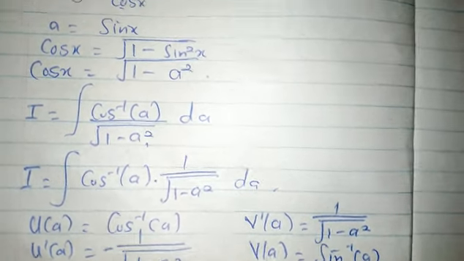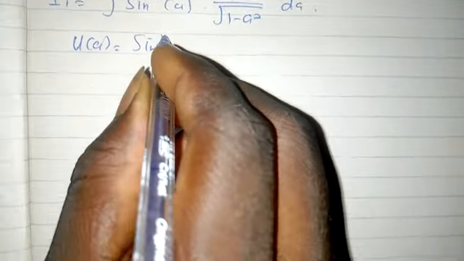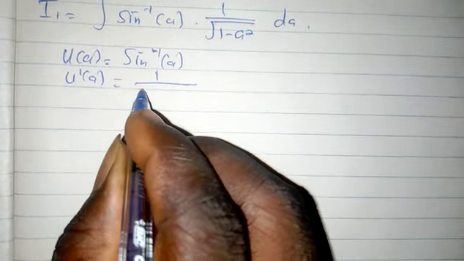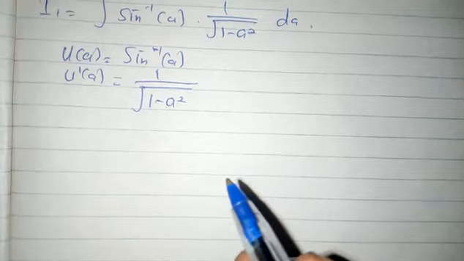Here too, I have to differentiate my sine inverse. Okay, so I'll choose that my u of a is equal to sine inverse of a, and my u prime of a is going to become 1 over root of 1 minus a squared. That's when you differentiate sine inverse of a.